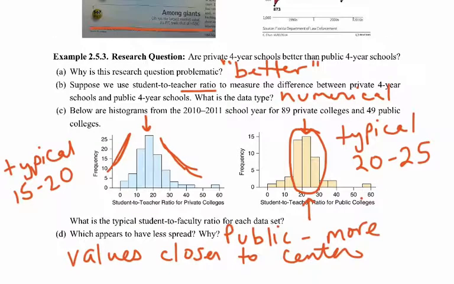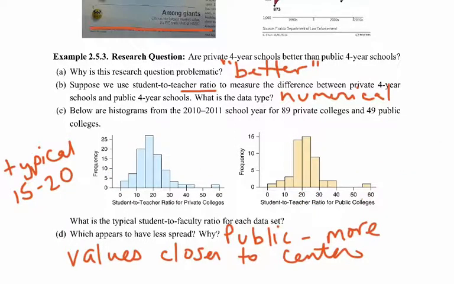So I would go back, let me make some space here. Let me erase some of this stuff so we can get a better look. So I would say that for the private colleges, there's more values below a certain cutoff point. So for the private, I would say there's more values below maybe 30. So I would say the private is probably a little bit more skewed right.